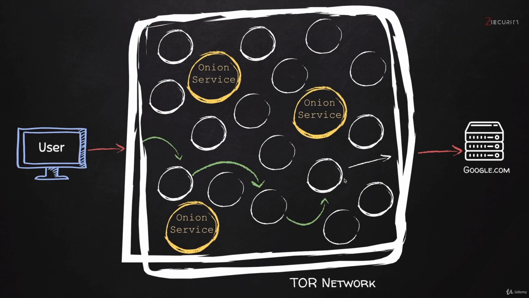Now, like I said in the previous lecture, if the target website uses HTTPS, or if you're using a plugin that will force HTTPS connections, then this will be okay because the data will be encrypted by SSL, because HTTPS encrypts the HTTP data, so you'll be fine.